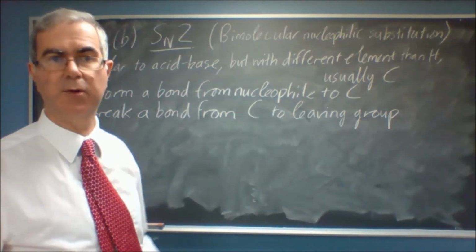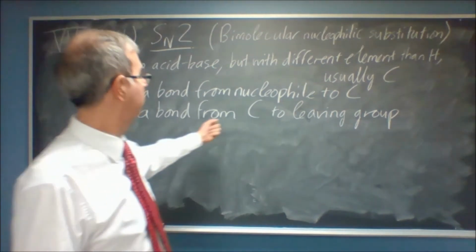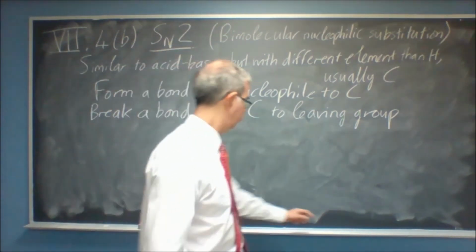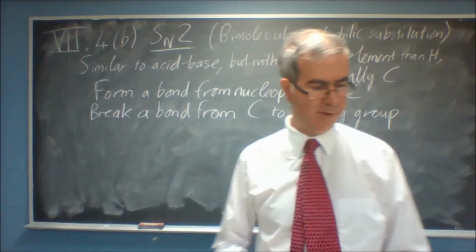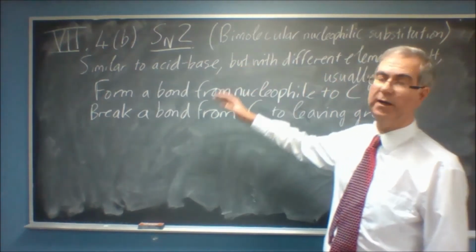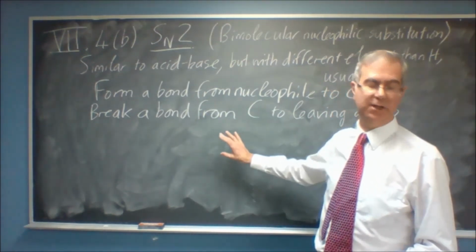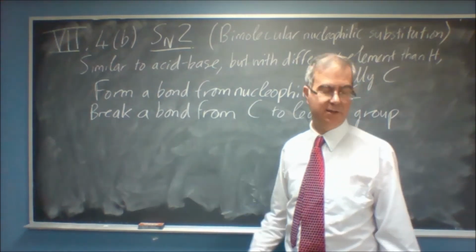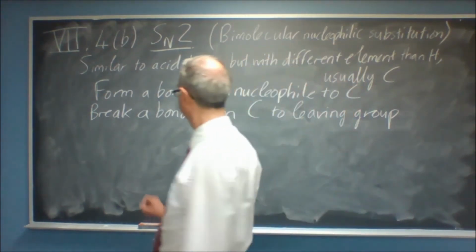And when you break a bond, you break a bond from carbon this time to the leaving group. So an example of that might be, I'm just going to take the example I gave for acid base. Instead of having HBr, I'm going to have CH3Br, and that would be an SN2 substitution.